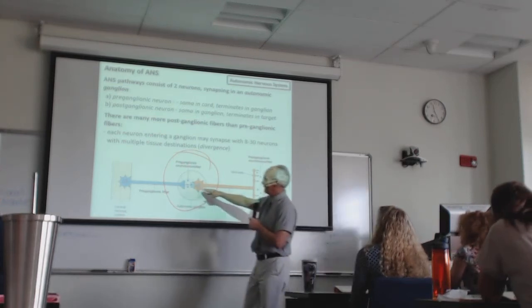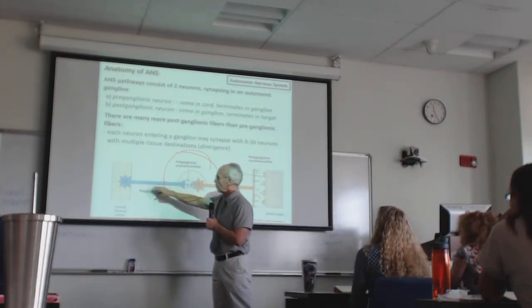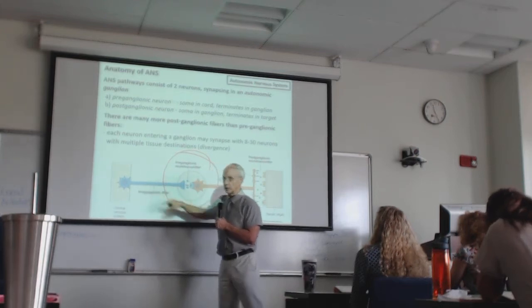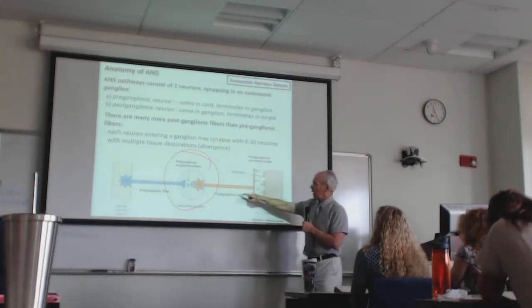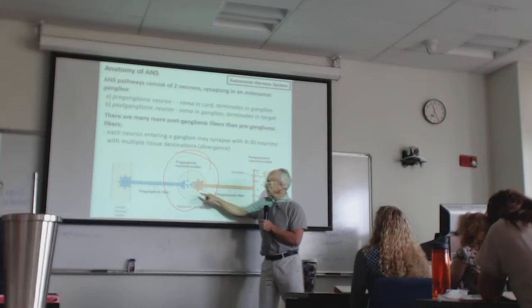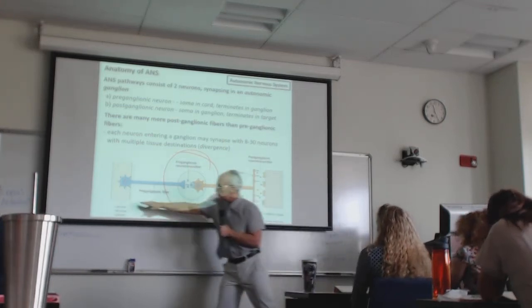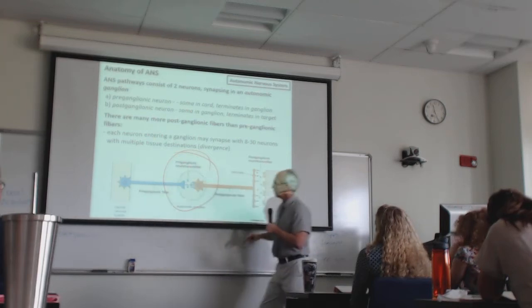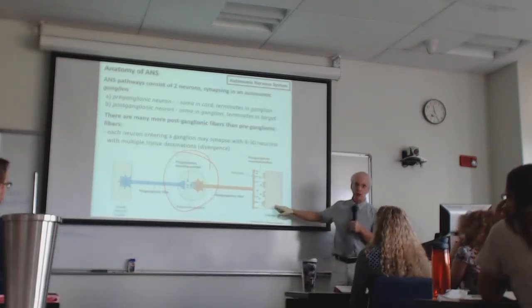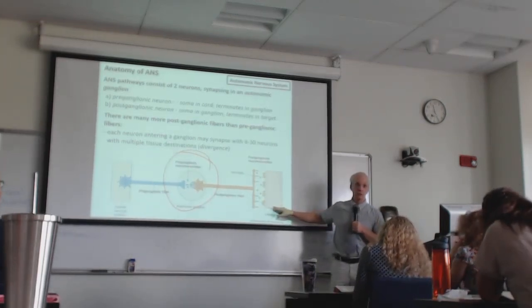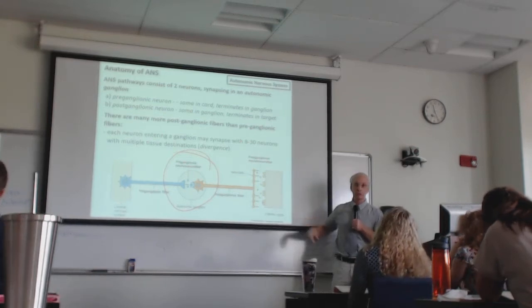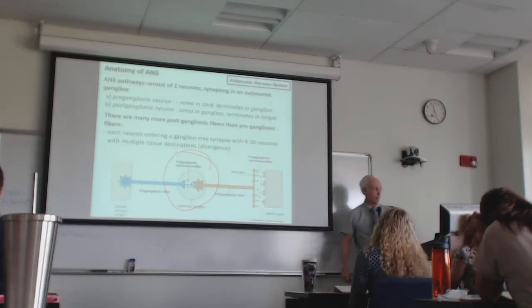The first one is called the preganglionic neuron, and the one that's distal to the ganglion is called the postganglionic neuron. Then this is the spinal cord, and this will be the effector. This could be GI tract muscle, smooth muscle in a blood vessel, or any number of things. It could be an arrector pili muscle in the skin.